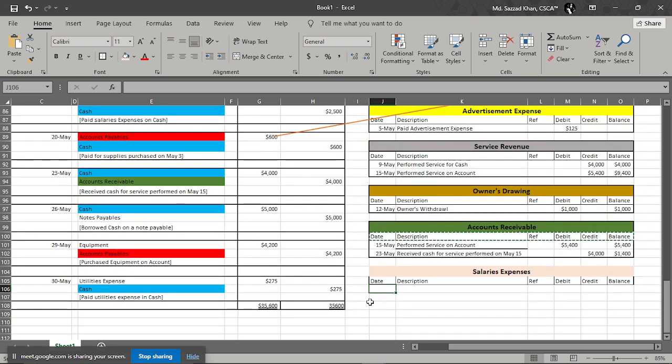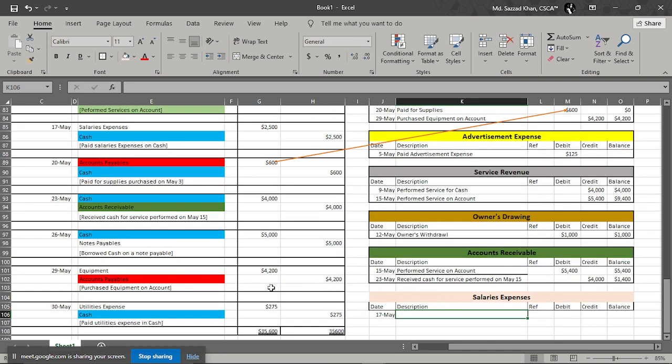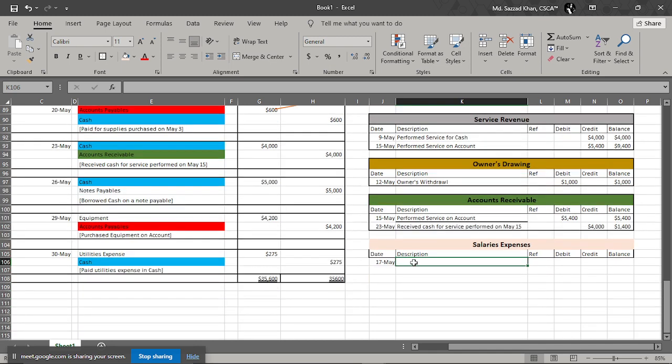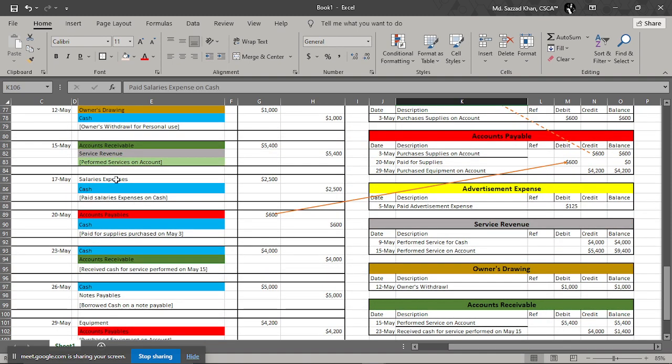Okay, May 17. What is the description? May 17 salaries expense. What happened? Paid salaries expense in cash, right? Okay. What did it do to the salaries expense account?